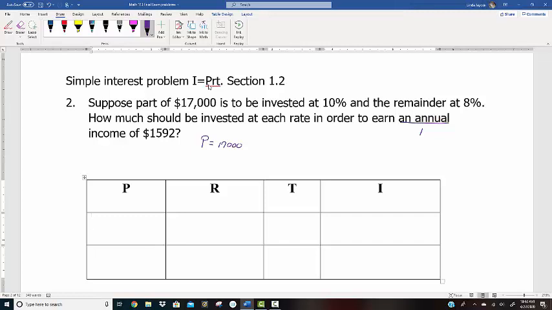So that's where our variable comes in. So if I say I invested X amount at 10%, which of course I'll write as a decimal, then what do I have to invest at 8%?